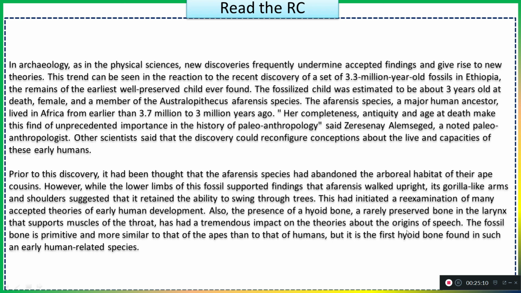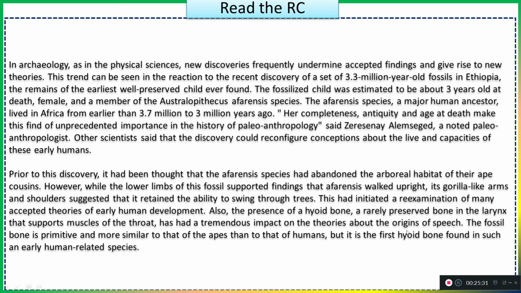That means what they are talking about, that this particular bone, which is rarely preserved, has had a tremendous impact on the theories about origins of speech. So it could be said that this particular bone might be related to speech or origins of speech, or it might be important to it.